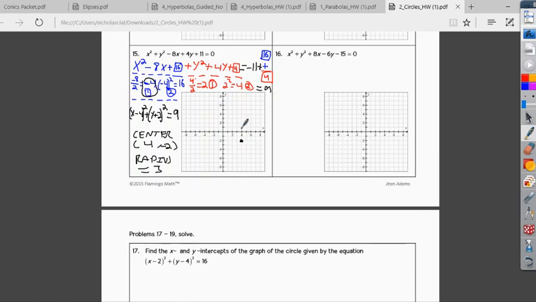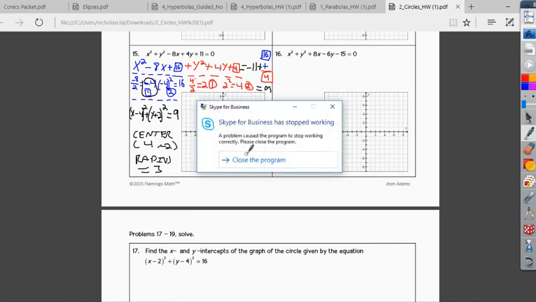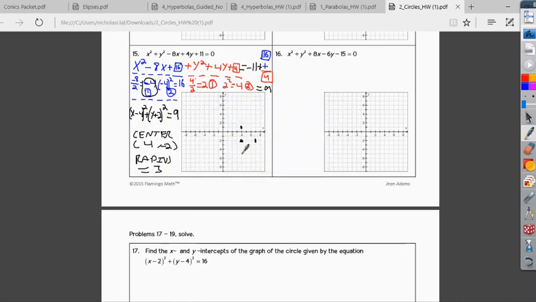So you can go 1, 2, 3, up. 1, 2, 3, right. 1, 2, 3, down, and 1, 2, 3, left. Make the circle.